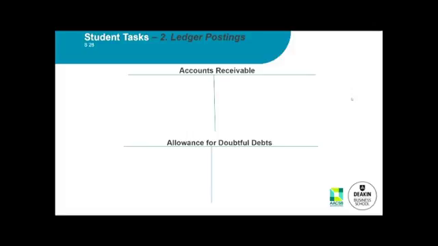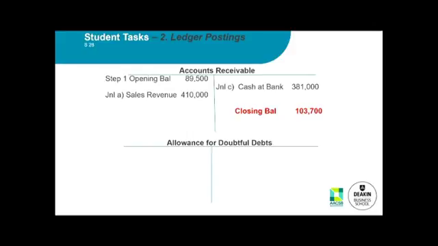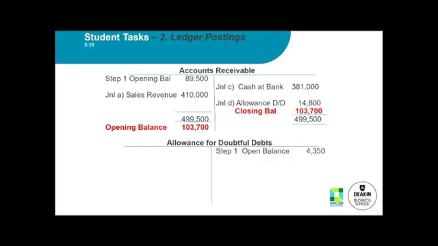Second task was to do the ledger postings. So we do exactly what we'd done previously, putting our opening balance on the debit side, closing balance on the credit, entering our sales revenue and our payments and our allowance, and both debits and credits agree. With our allowance for doubtful debts, obviously the opening balance is on the credit side because this is a credit account.